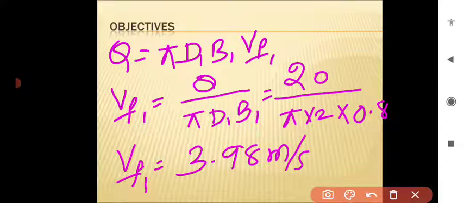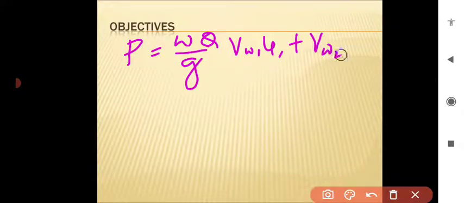Now we have to calculate Vw1 to get the power. From the power equation we will get Vw1. So what is the power equation? Power is equal to WQ by g into Vw1 U1 plus Vw2 U2.